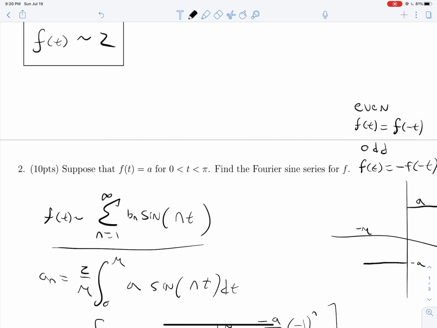These were pretty easy ones to go through. You should probably do some more practice doing more complicated Fourier cosine and sine series, ones that make you do, what's it called, the integration by parts.